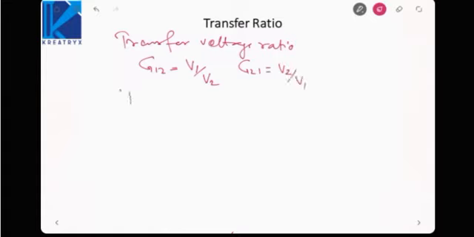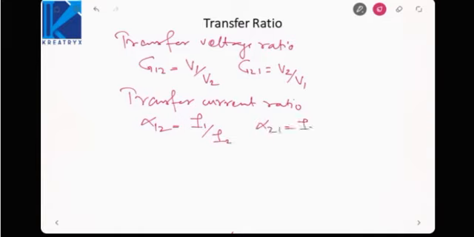What about transfer current ratio? In transfer current ratio, it is defined as alpha. Alpha 12 is I1 by I2. Alpha 21 is I2 by I1. That is your transfer ratios for the voltages and currents.